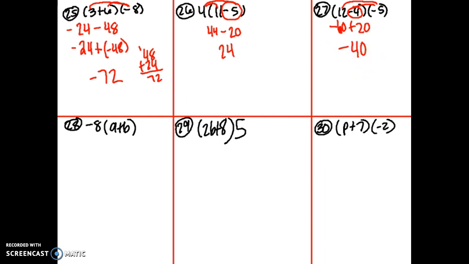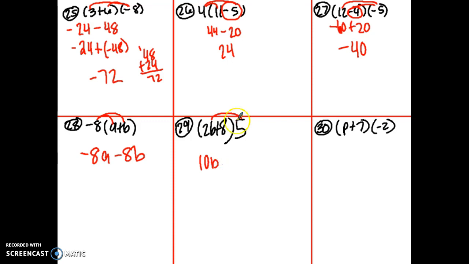All right, when you have variables, negative 8 times A is just negative 8A, and negative 8 times B is negative 8B. So our simplified answer is negative 8A minus 8B. 5 times 2B is 10B.